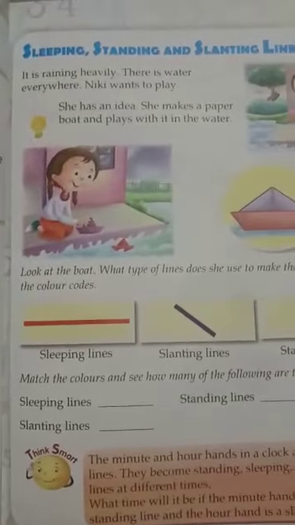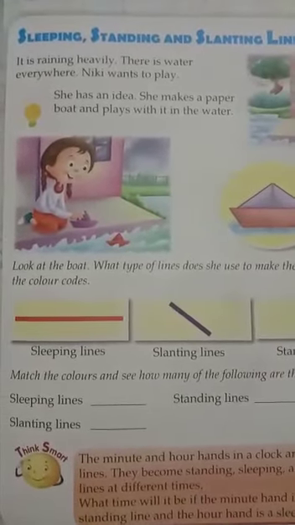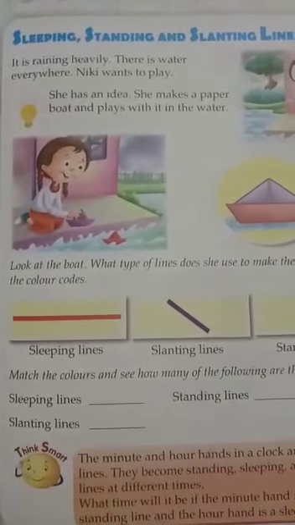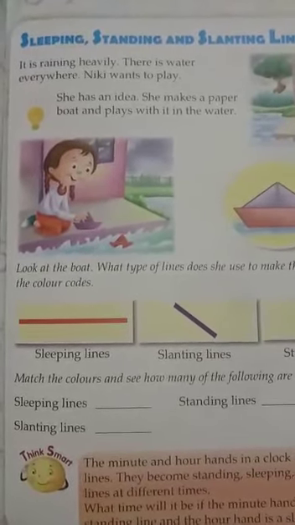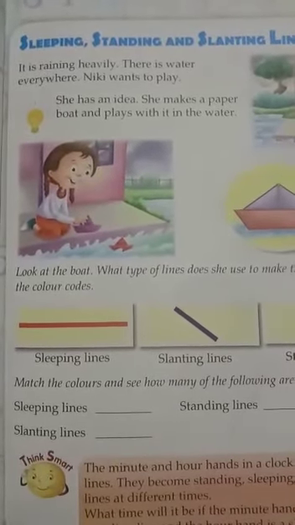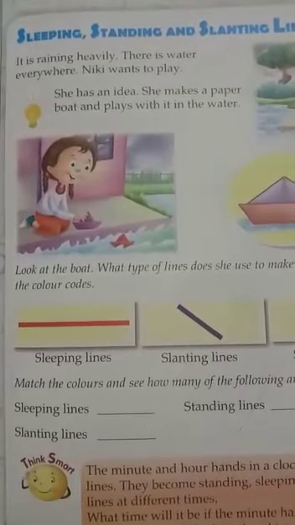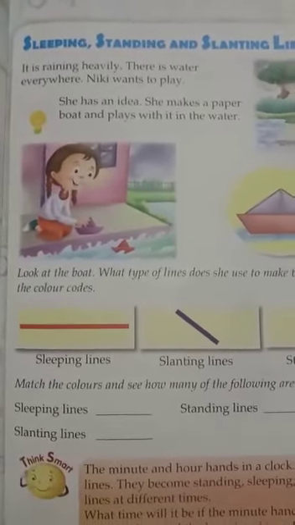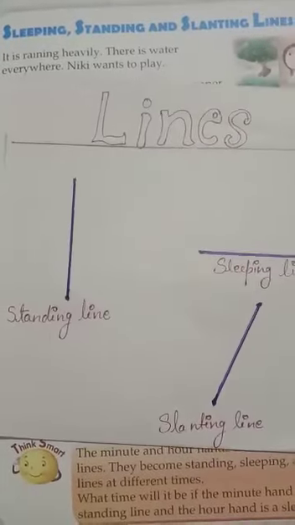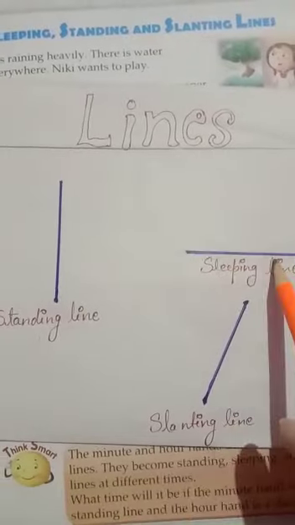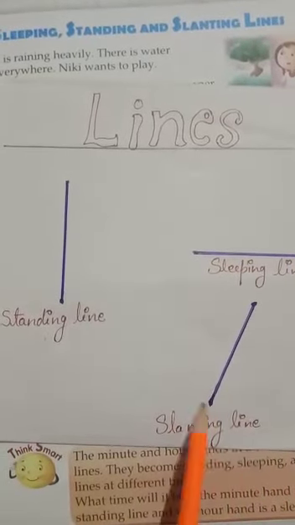Open page number 25. The topic is sleeping, standing and slanting lines. Now I want to show you a picture of a standing line, sleeping line and slanting line. Once again, have a look. This is a standing line, this is a sleeping line and these are slanting lines.